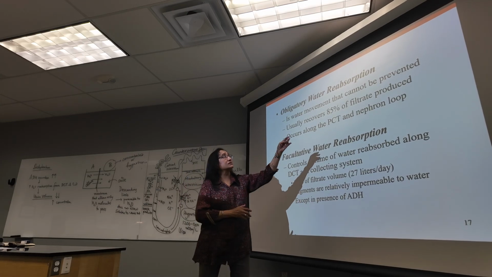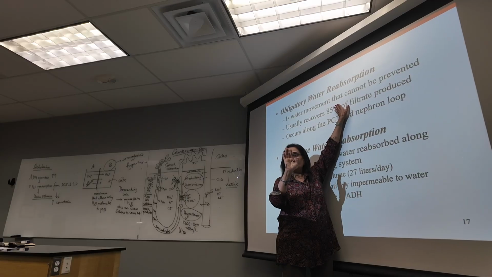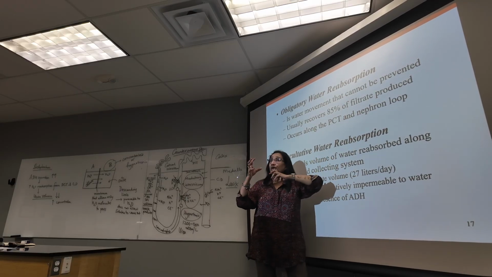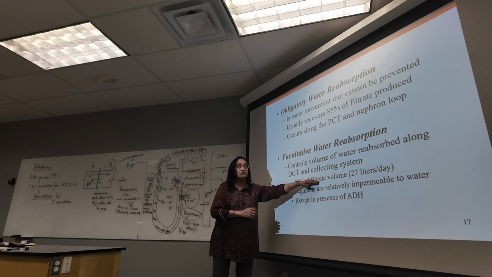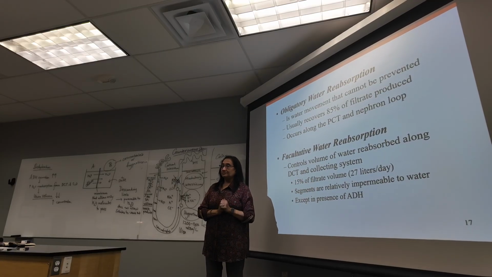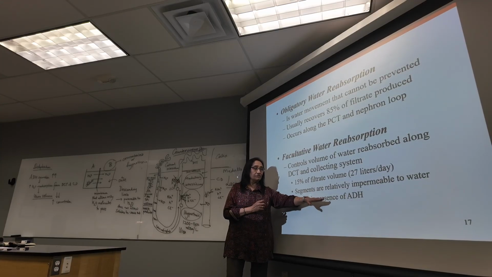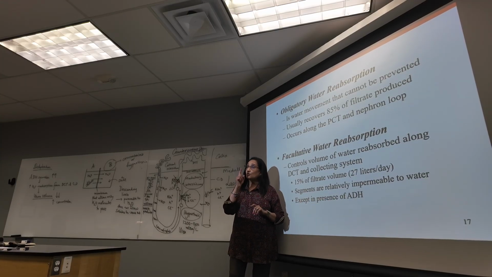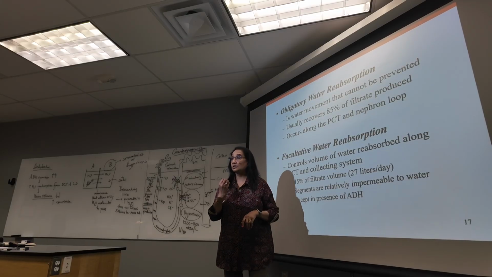Even if your body doesn't want extra water, this will still be reabsorbed. The only place where the body can adjust the reabsorption is in the distal convoluted tubule and the collecting duct, under the action of ADH. So, the water reabsorption that occurs in the proximal convoluted tubule is called obligatory water reabsorption.